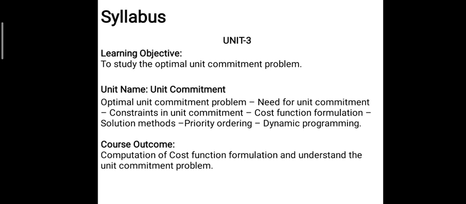And the outcome for this Unit 3, unit commitment, is computation of cost function formulation, because we are reducing the cost effectively, and understanding the unit commitment problem and its constraints. So this is all under Unit 3.